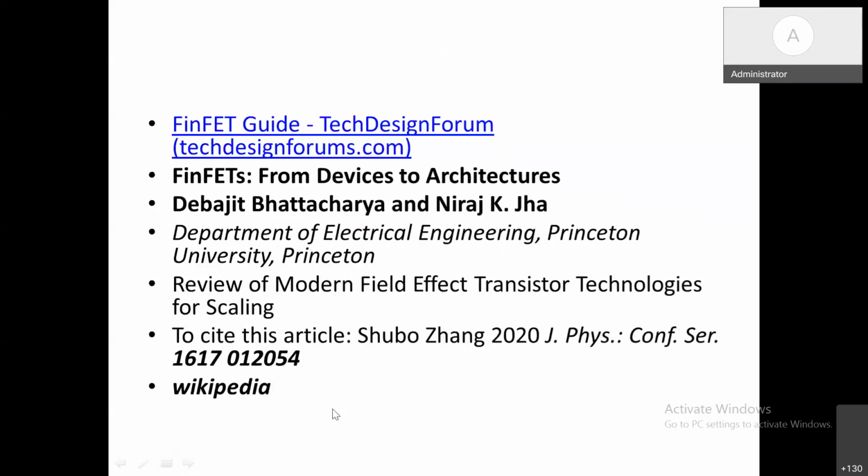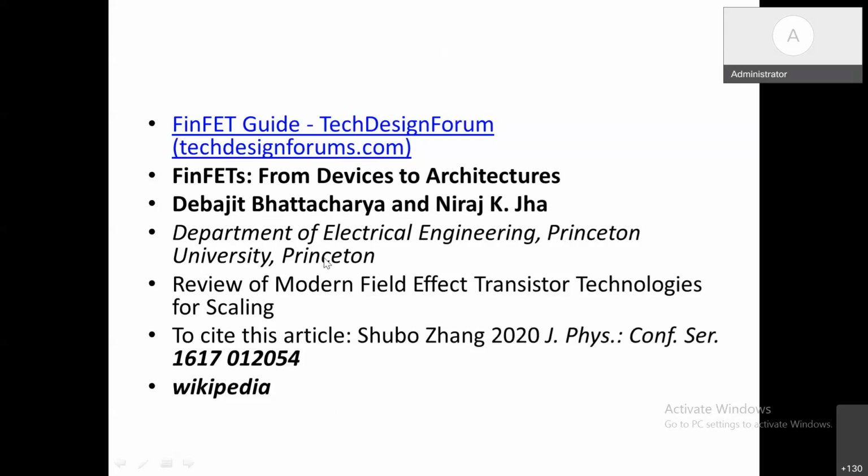Okay. So these are some of the references I have used for these challenges. Some of the pictures I have taken from FinFET Guide, Tech Design forums, and mostly my presentation for these challenges is based on FinFET: From Devices to Architectures by Debajit Bhattacharya, Department of Electrical Engineering, Princeton University, Princeton.